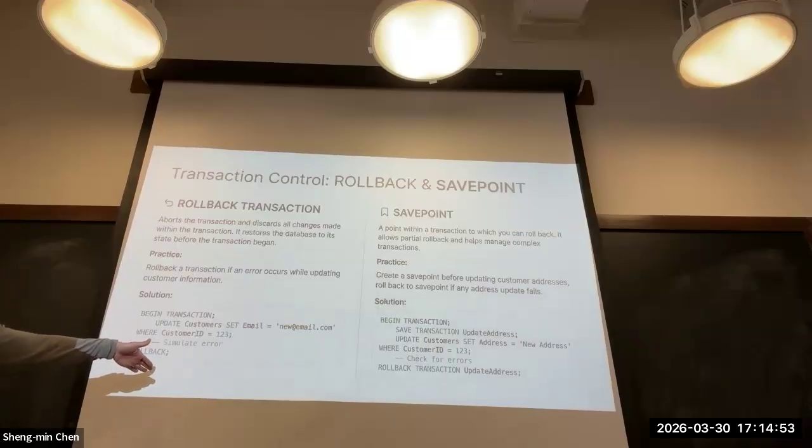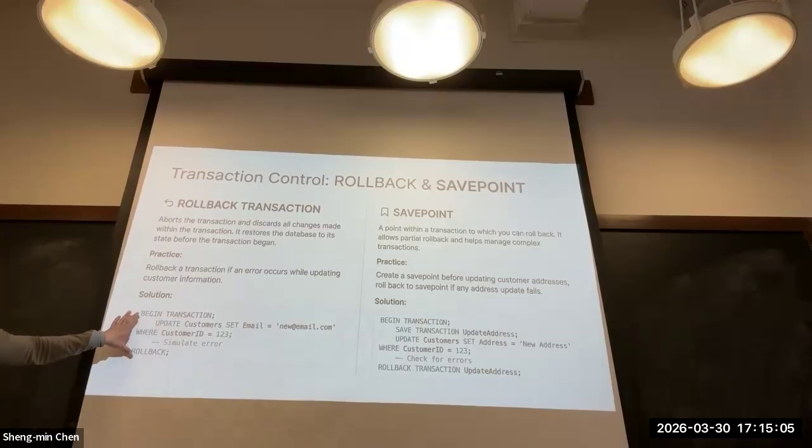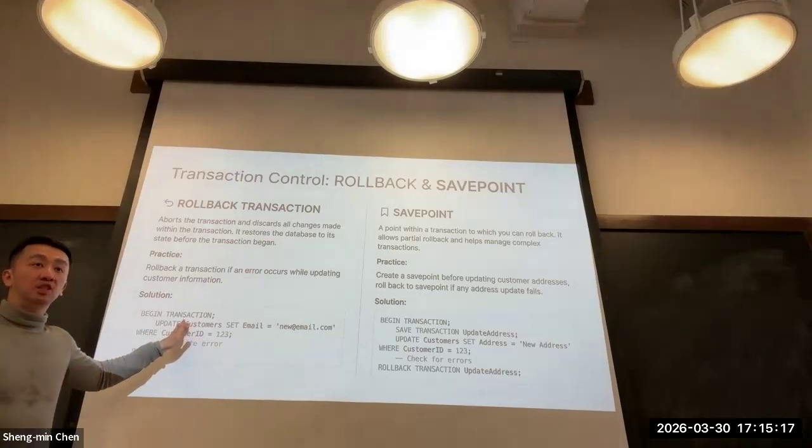So let's take a look at how rollback works. Similarly to commit forcing it to stay, with rollback you still need to have a begin transaction. These are paired. So let's say begin transaction has all the things, but it turns out there's some error, for example an update where there's no customer ID. That's a simulation of an error.